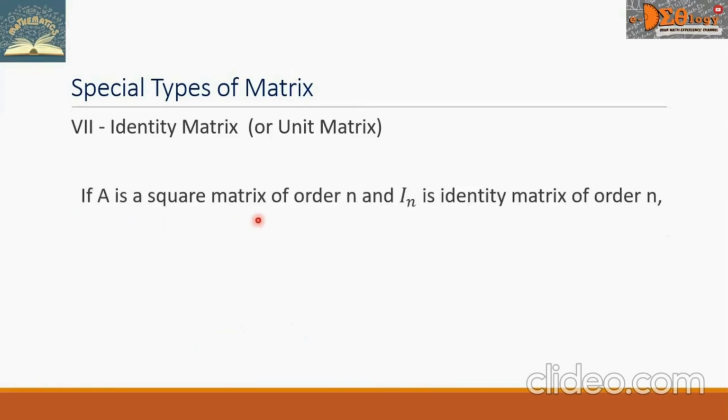If A is a square matrix of order n and I sub n is the identity matrix of order n, then the product A times I sub n is equal to I sub n times A is equal to A.